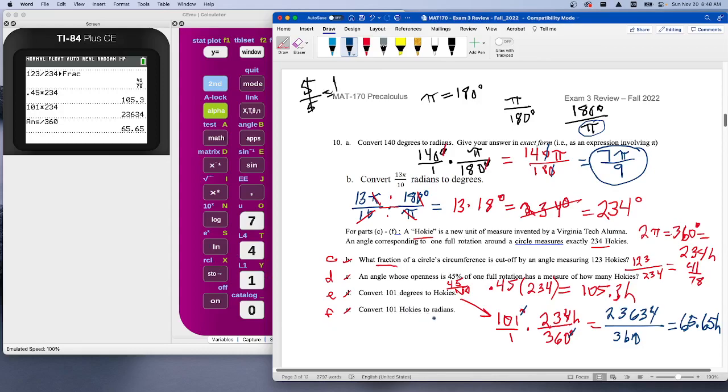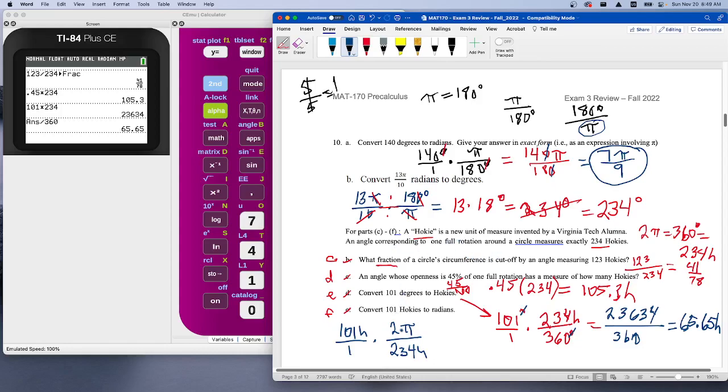Convert 101 Hokies to radians. So we have 101 Hokies. It's in the numerator, so we need a conversion factor that has Hokies in the denominator. All the way around the circle is 234 Hokies. With radians, all the way around the circle is 2 pi. So we multiply straight across and divide.